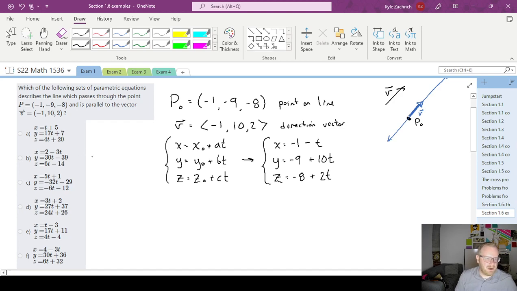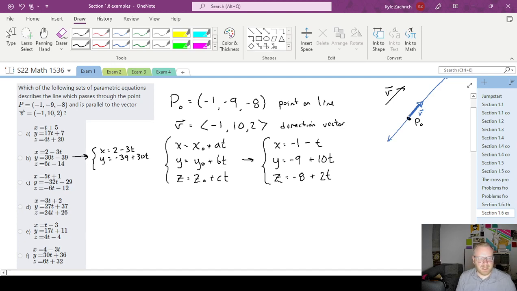One thing I should note here is sometimes they will, for example, in this one here, attempt to confuse you. 2 minus 3t is in the form that I like, but this would be -39 plus 30t.